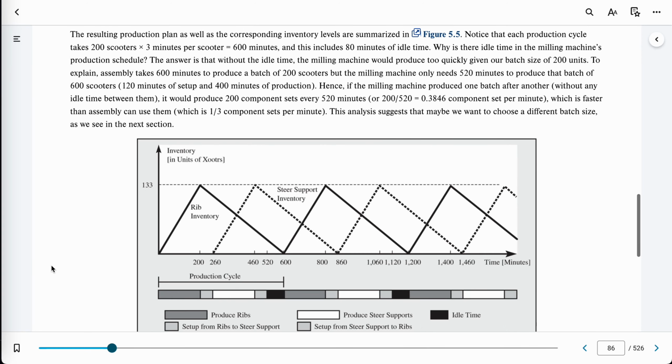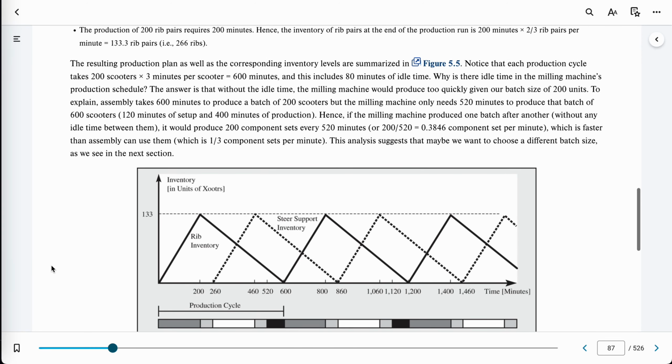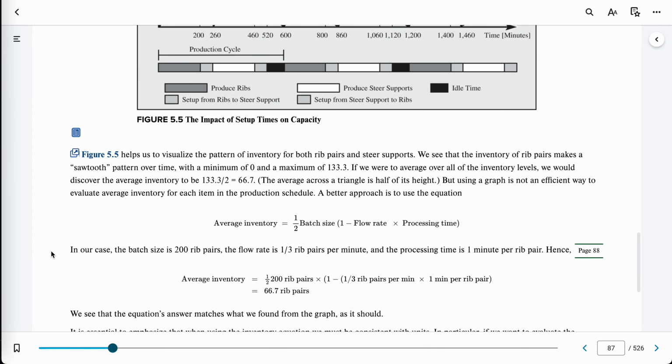The reason for the idle time is that you don't want to produce too quickly, because the assembly takes only so many per minute, right? The assembly can only take 1 unit for every 3 minutes. So if you can produce 200 components every 520 minutes, which is faster than we can assemble them, which is only 1 component every 3 minutes, that's something to keep in mind. So it's not always best to produce too many at the same time.